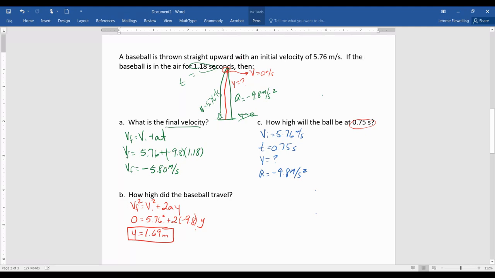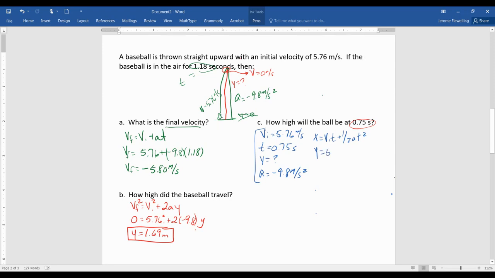So what equation do we have that involves those four variables, or which one does not have the final velocity? That's going to be the position equation. X equals VIT plus 1/2 AT squared. I can say that the position is what I'm looking for.